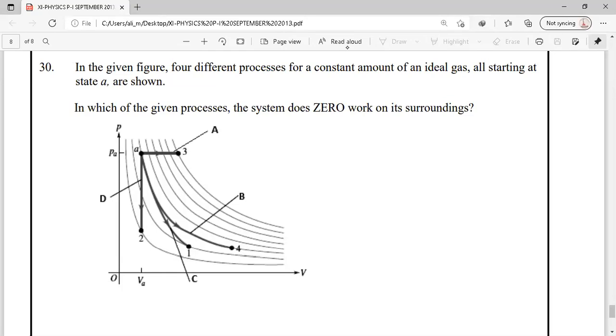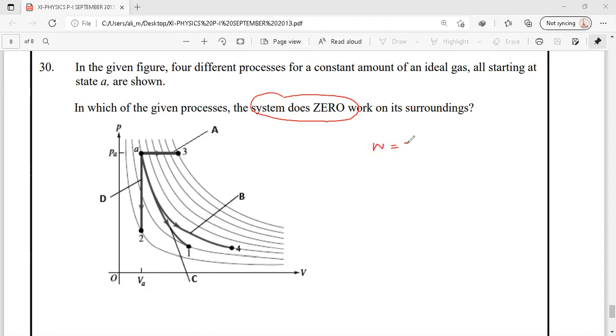So here we have our last question, question number 30. In the given figure, four different processes for a constant amount of ideal gas, all starting at stage A. In which of the following processes does the system do zero work? So we have to identify which of the following has zero work.